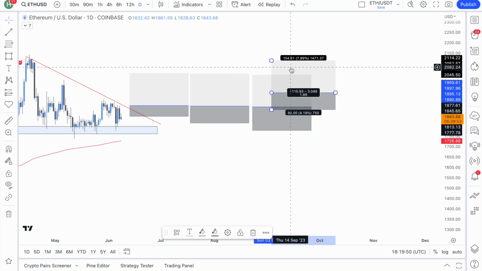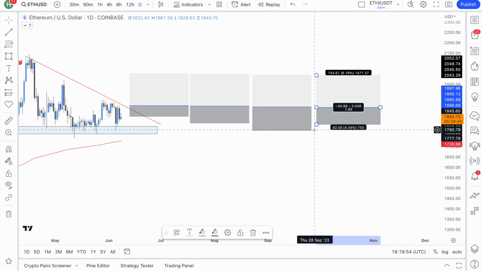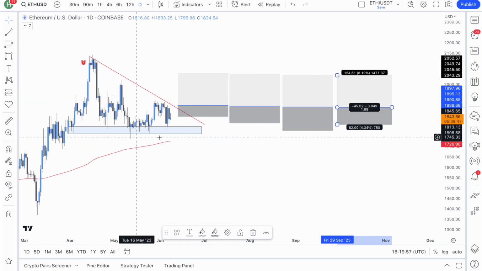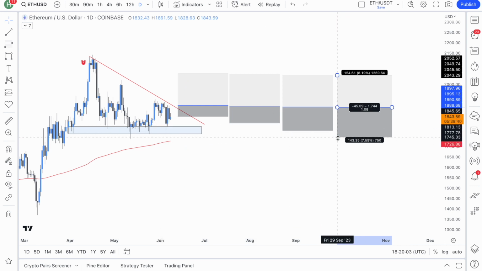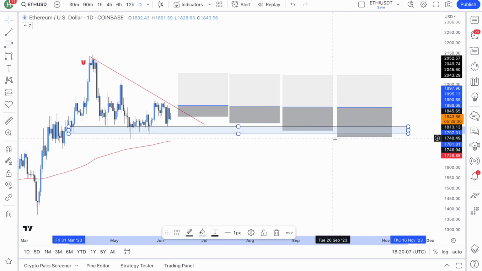The fourth option, and these are all subjective, of course, is the same entry, but your invalidation point is past this. You also have a 200 EMA support there, so you could do something here. This is below the liquidity mark, so that's much more conservative.